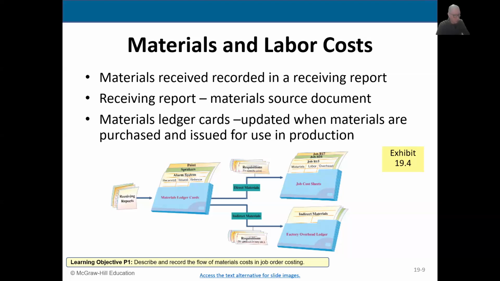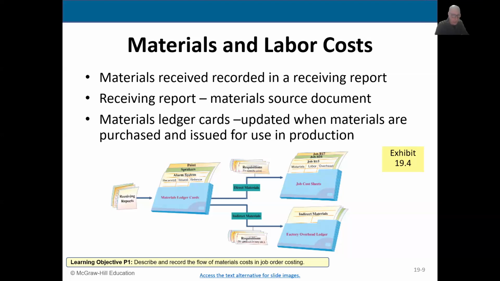Very small amount of cost. You almost can't track it to the job because it's so small. Nuts and bolts, tons of them. They make up a very small total cost, and we can use them on all kinds of jobs. That's indirect materials.